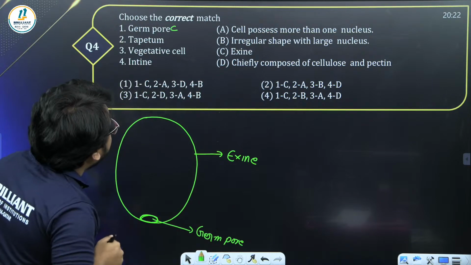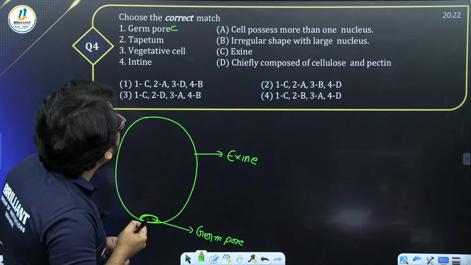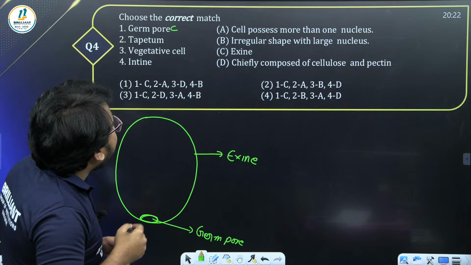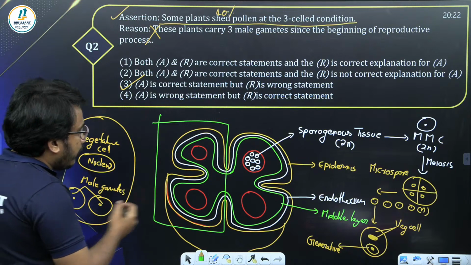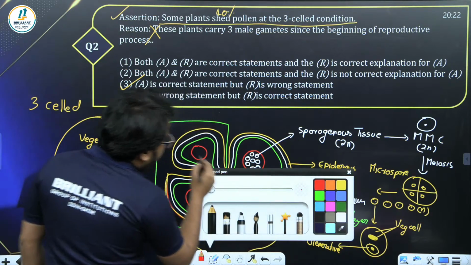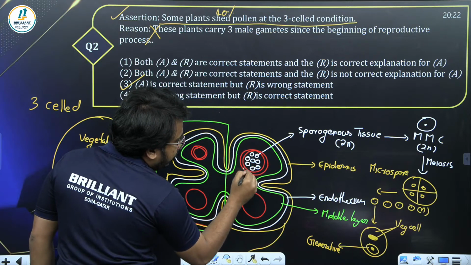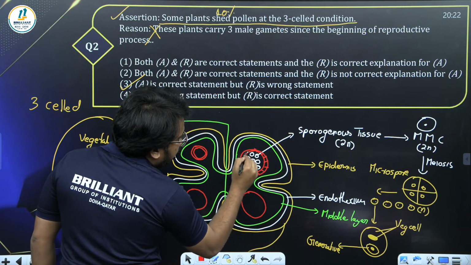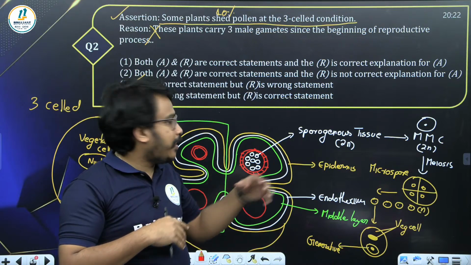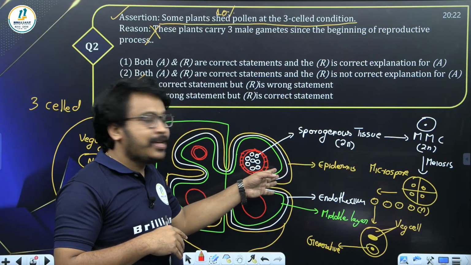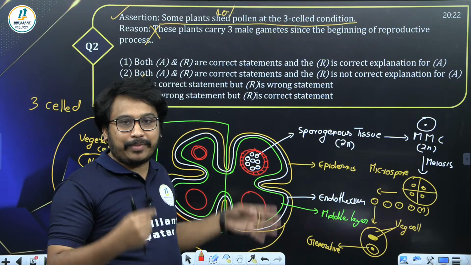Then tapetum. Tapetum is the innermost layer and it has more than one nucleus. When we were discussing this structure, you should understand this innermost layer surrounding the sporogenous tissue is tapetum. In the cross section of anther, the outermost layer is epidermis. Inner to that there is endothecium. Next is the middle layer. Then the next is tapetum.